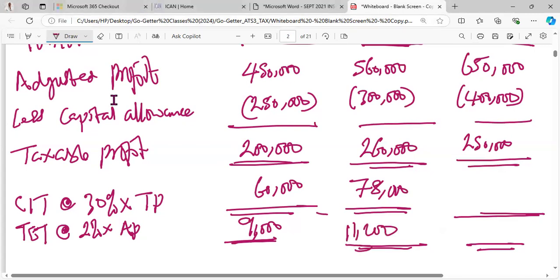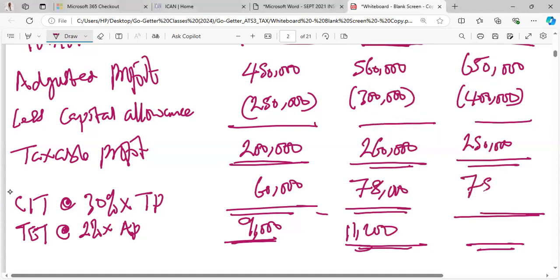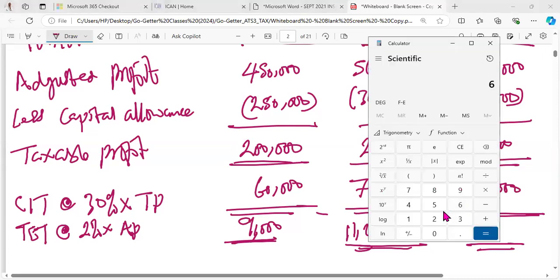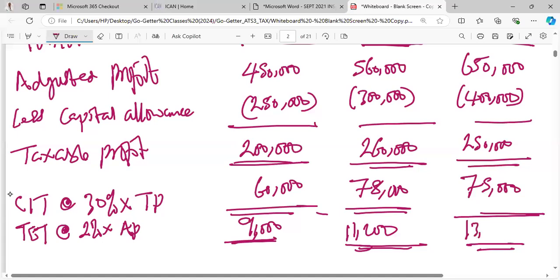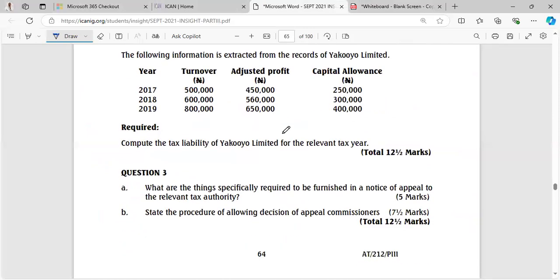All right. 30% of 250 will give me 75,000. Then 2% of 650 should be 13,000. So that's it. That concludes question number 2.